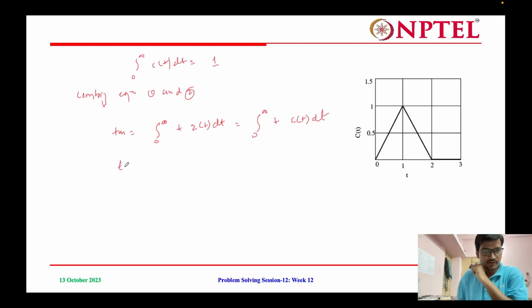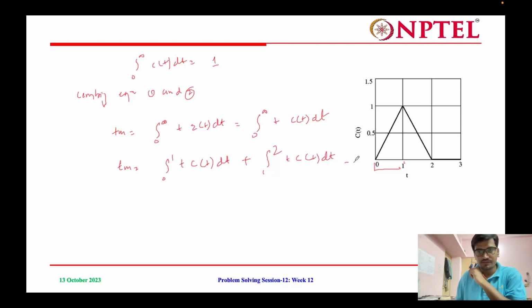So we can write tm as the integral from 0 to 1 of t Ct dt plus the integral from 1 to 2 of t Ct dt.